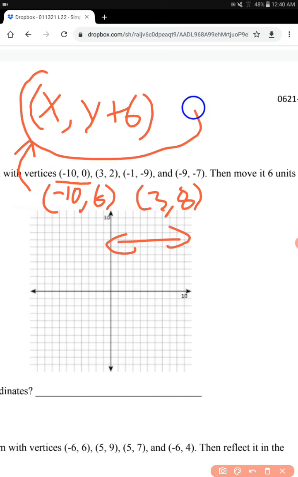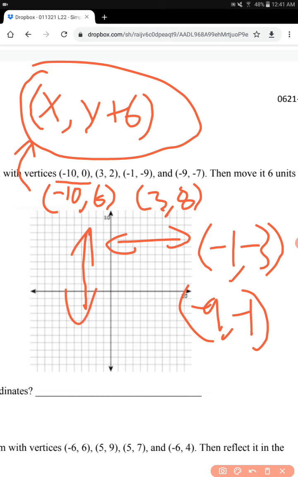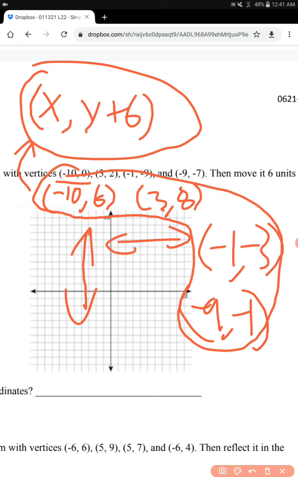And then it'd be negative 1, negative 3, and negative 9, negative 1. We're just adding 6 to the y value because the y value determines up or down on a graph. Hope that made sense. So these are the new coordinates and you can just plot them on the graph.